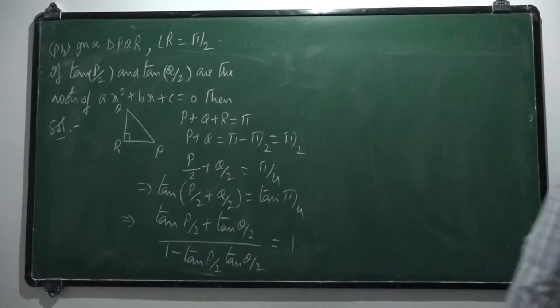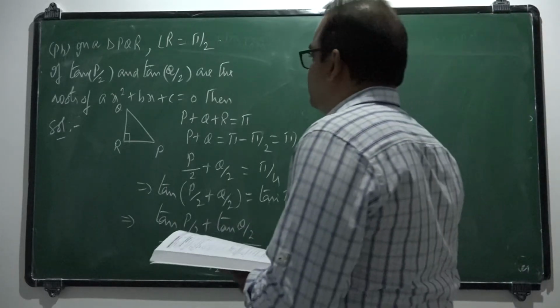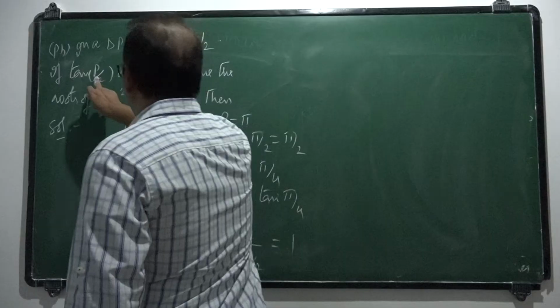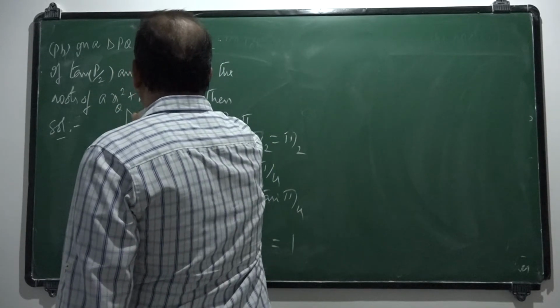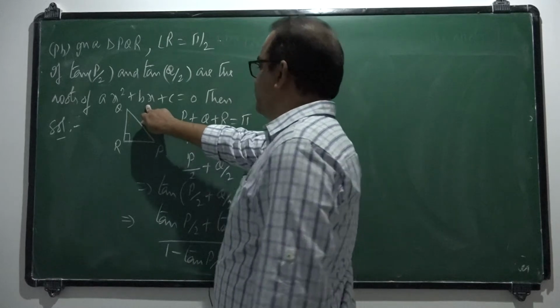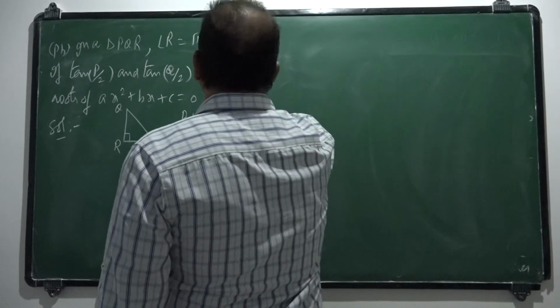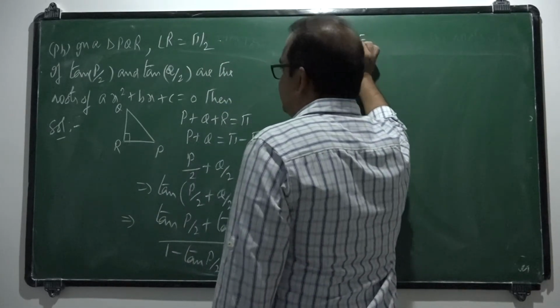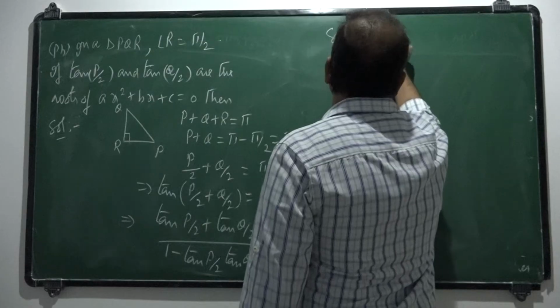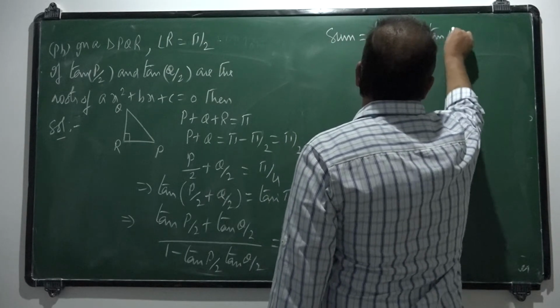But in the given problem, tan p by 2 and tan q by 2 are the roots of this equation ax square plus bx plus c is equal to 0. We know sum of the roots is equal to minus b by a. Sum means tan p by 2 plus tan q by 2.